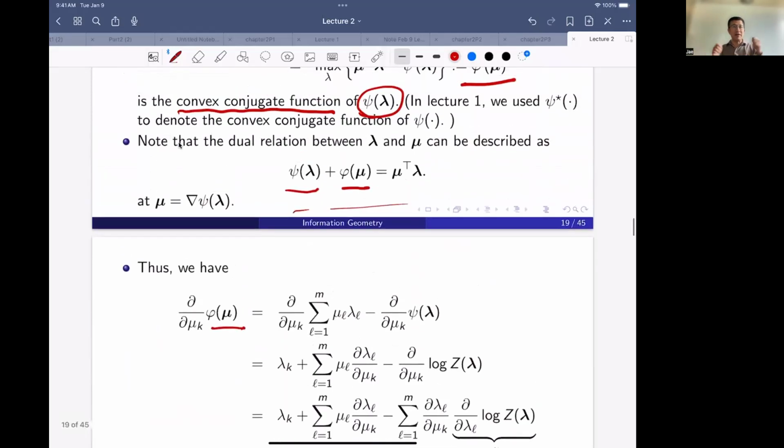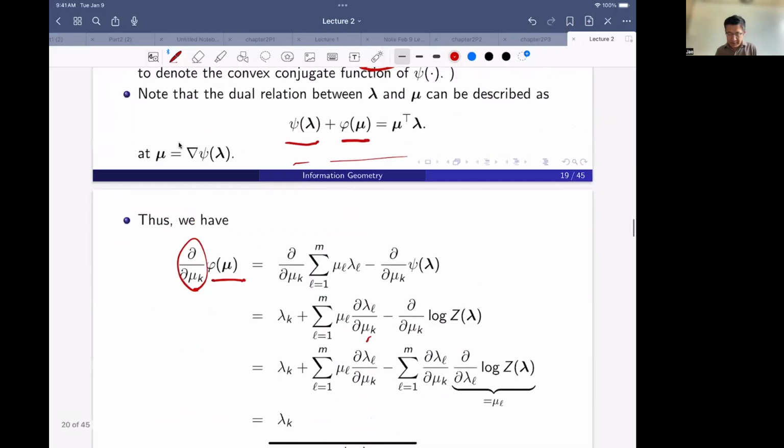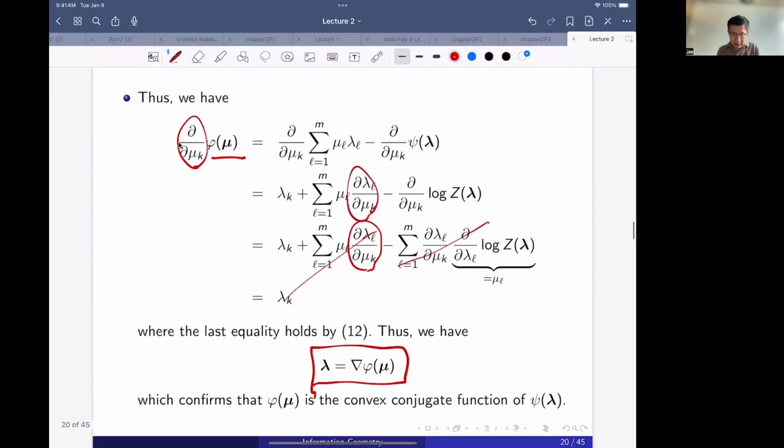So mu and lambda are connected. So when you evaluate the differentiation, you need to take care of this differentiation, right? You need to apply the chain rule, and if you apply the chain rule, it turns out that you don't really have to evaluate it because it cancels. You have a cancellation, and so it gives back your original parameter, and that gives a nice dual relationship.